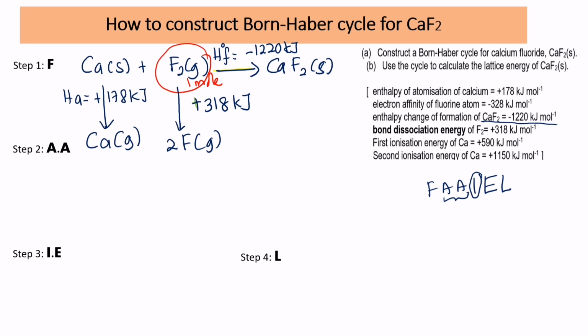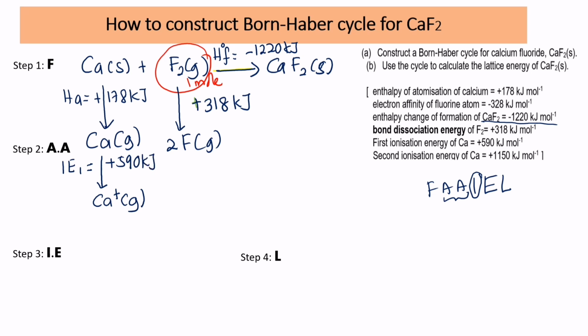Next is I, for ionization energy. Because Ca can form Ca+ and Ca2+, we follow step by step. We start with the first ionization energy of Ca. The first ionization energy means that a Ca gaseous atom removes 1 mole of electrons, so it forms Ca+ gas. IE1 is equal to positive 590 kilojoules.